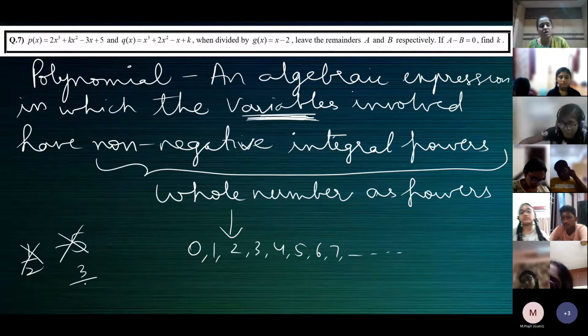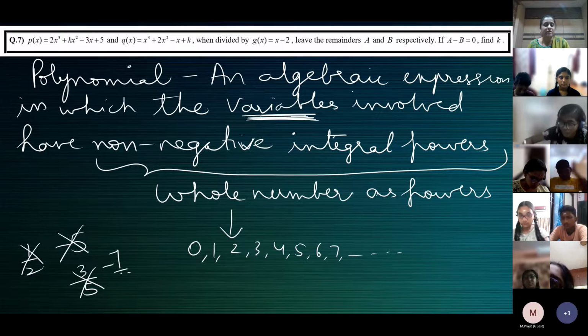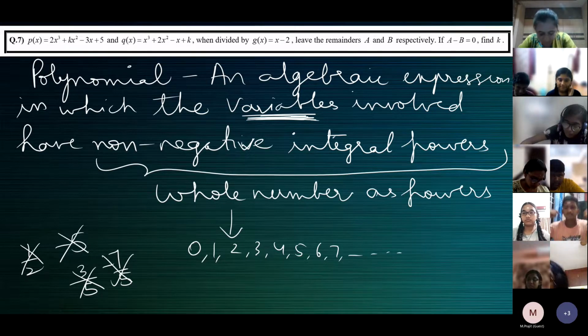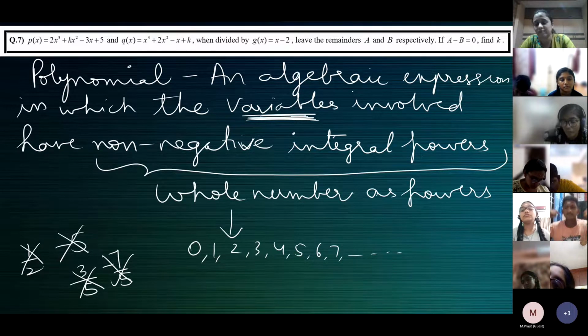The power should not be a fraction. The power cannot be negative. It should be only whole numbers. Absorb the definition in your mind first.